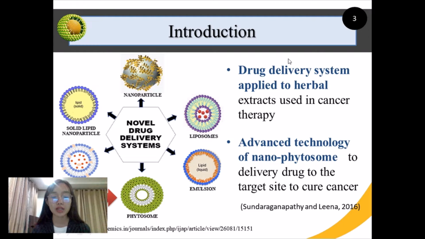The delivery system is applied to herbal extracts used in cancer therapy, as one technology of nanophytosome, to deliver drugs to the target site to cure cancer. Nanophytosome is a newly introduced patented technology developed to incorporate standard plant extracts or water-soluble phytoconstituents in phospholipid.